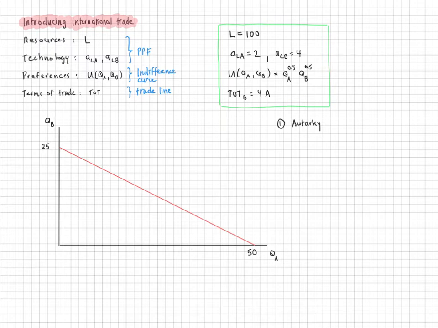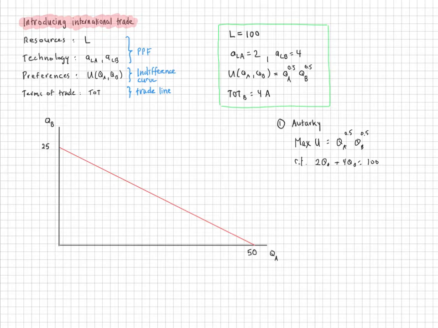But we want to know where it would actually want to produce if we had no trade and given our utility function. So the solution to that would have been to maximize utility, which is given by this consumption of good A and B according to the standard Cobb-Douglas, subject to our PPF, the equation of the PPF, so 2QA plus 4QB equals 100.